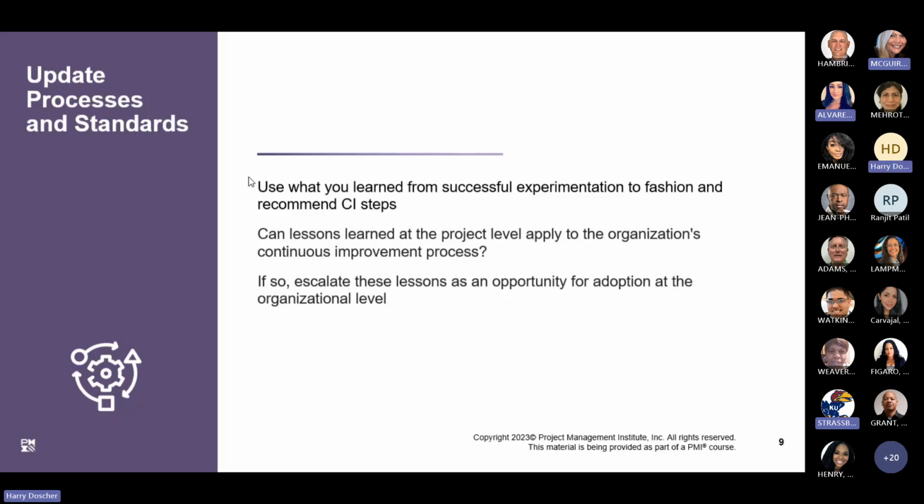With a short iteration such as 2 weeks, you have the ability to go in there and do some experimentation if you need to. Try a different method. See if that results in more value in a shorter time frame.